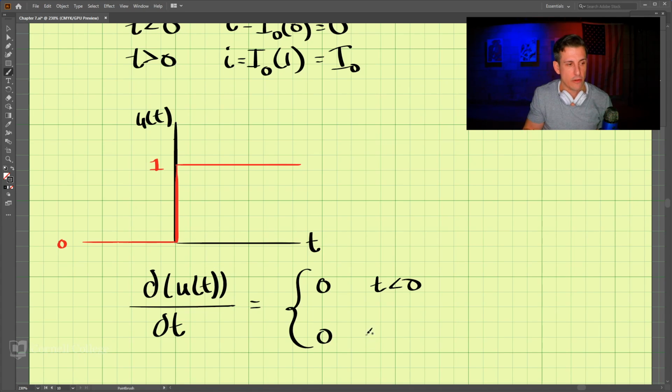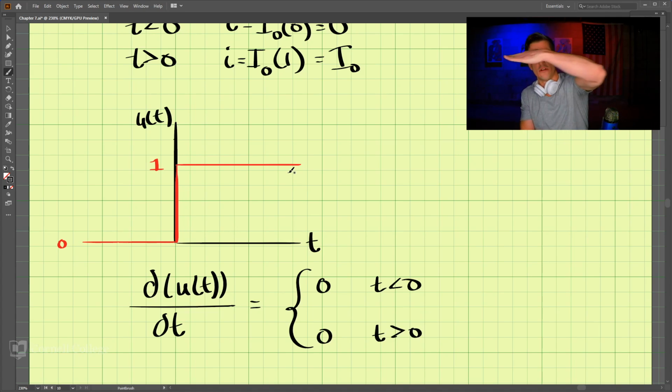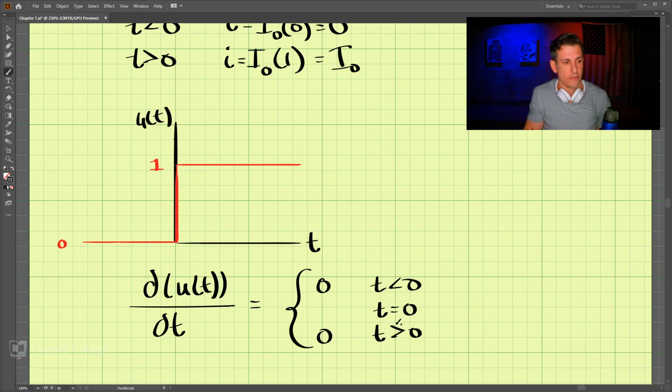And it is also 0 for t greater than 0, because the slope here is exactly horizontal. Now, for t equal to 0 here, it is undefined, meaning we don't know, because it shoots straight up in the air here.